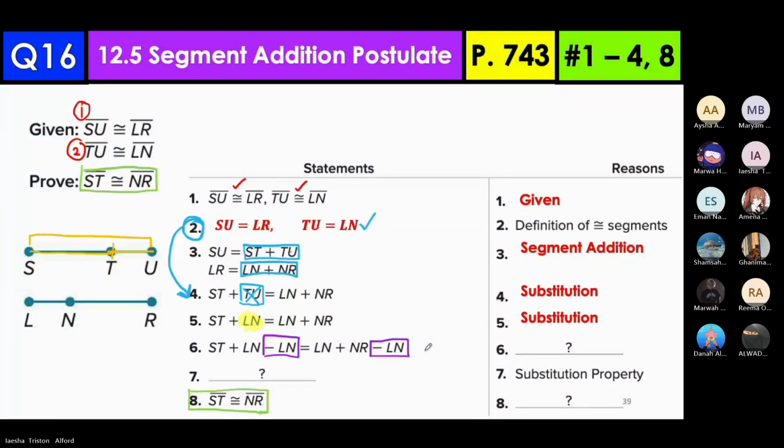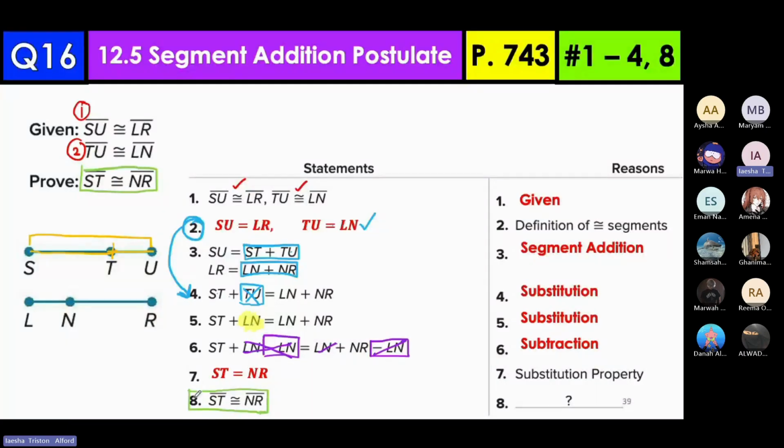Well, if we do LN subtract LN, it's going to give us what? 0. So that's going to delete. And LN subtract LN gives us 0, so that's going to delete too. So what should we have here? ST equal NR.